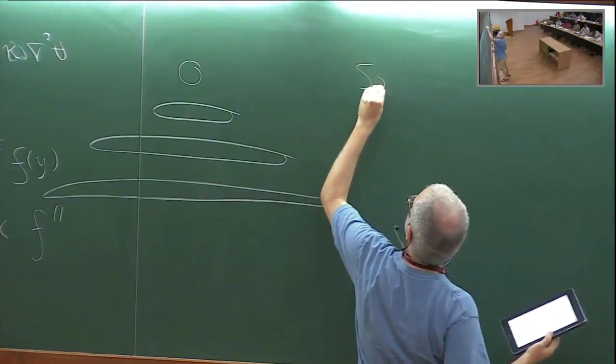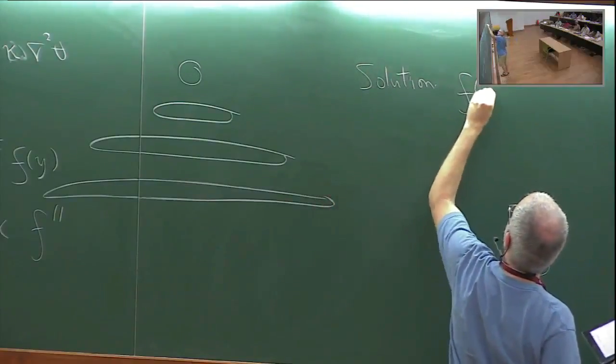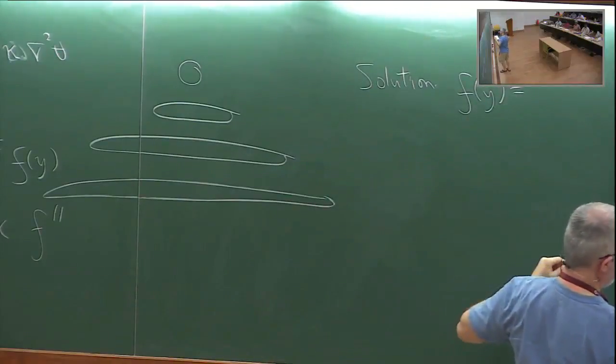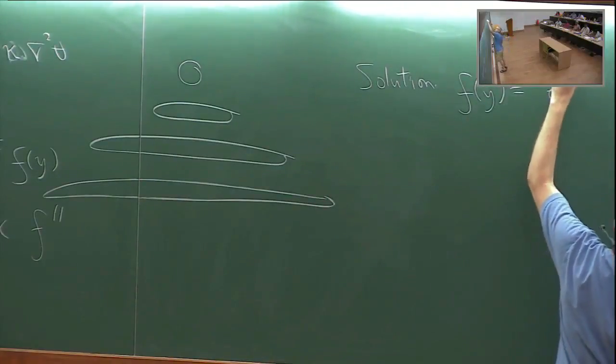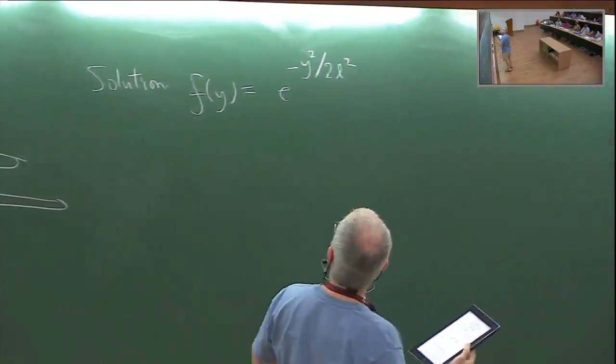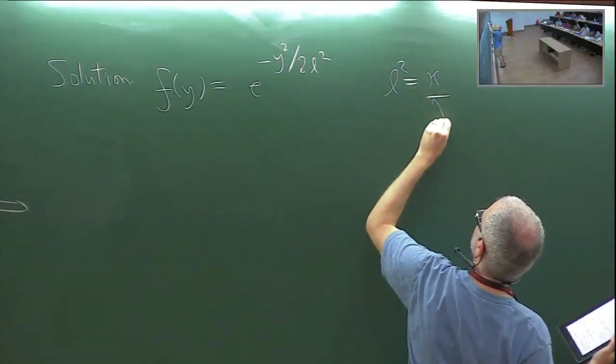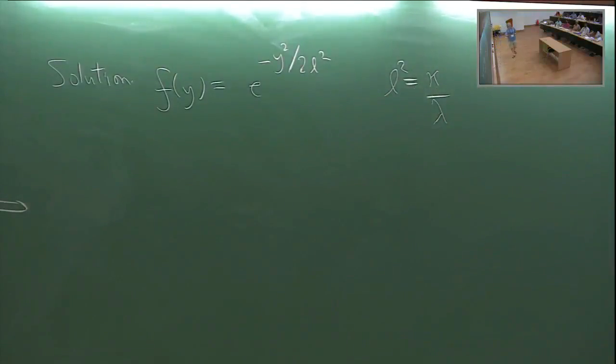So the solution is f of y is equal to e to the minus y squared over 2L squared, where L squared is a squared length, defined as kappa over lambda.